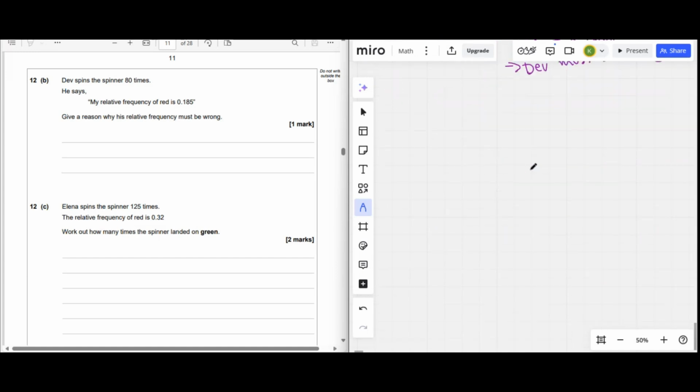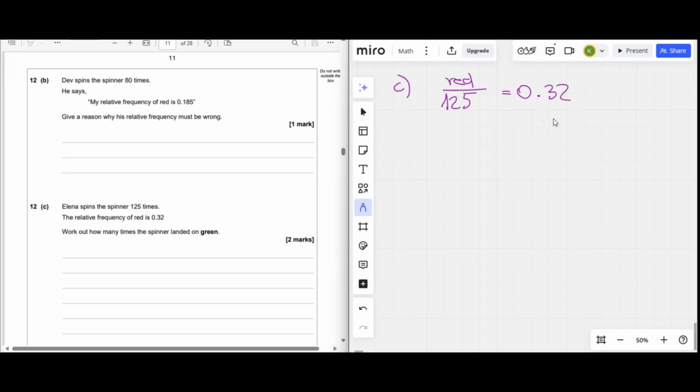And another one, Elena, spins the spinner 125 times, and she's saying that the relative frequency is 0.32. Work out how many times the spinner landed on green. Oh, that's interesting.